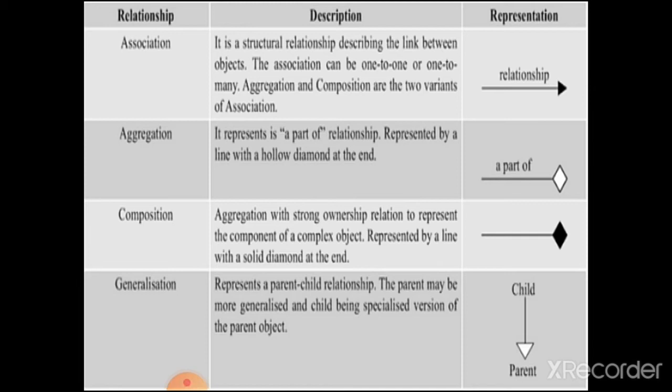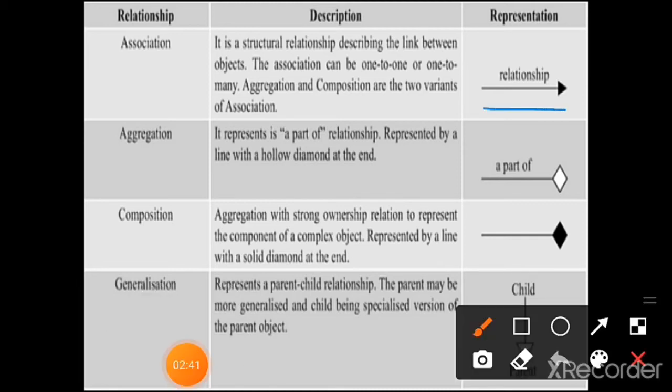So association can be one to one or one to many. Aggregation and composition are two variants of association. So association indicates the link between two objects. So here it may be one to one or one to many, and the relationship is represented above the arrow.